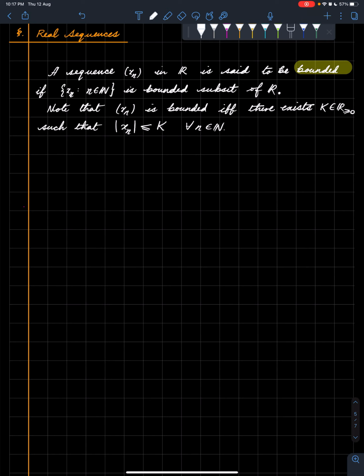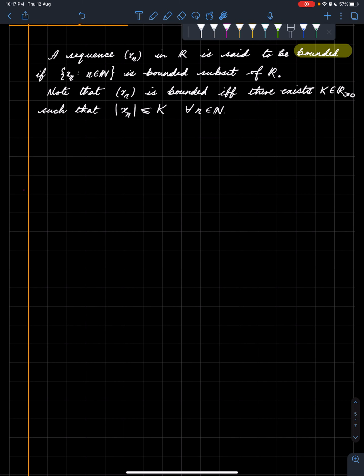Again, just like we noticed for bounded sets, a set is bounded if and only if this kind of thing happens, as we mentioned in the section on absolute values. I'm just repeating that in this special case where your subset of the real numbers is indexed by natural numbers. I just wanted to note this very simple fact.